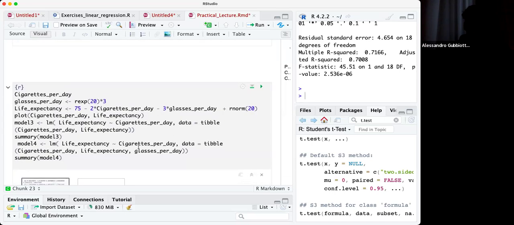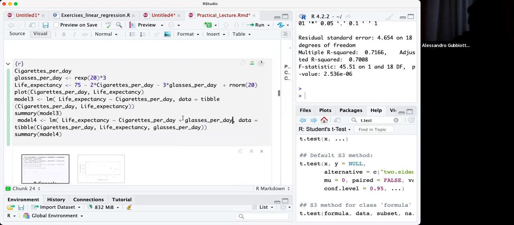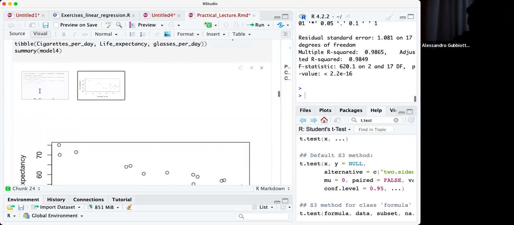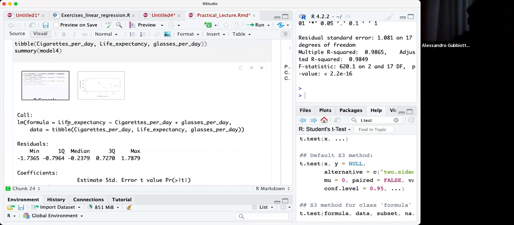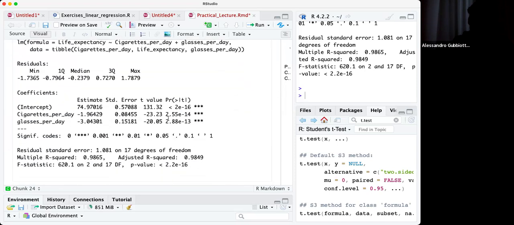I didn't actually add cigarettes per day into the model. So I add it, and okay, let's see. Well, cigarettes per day is still significant, because I built the data in that way.